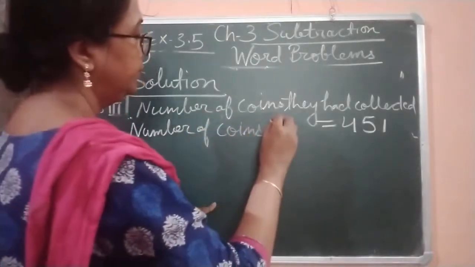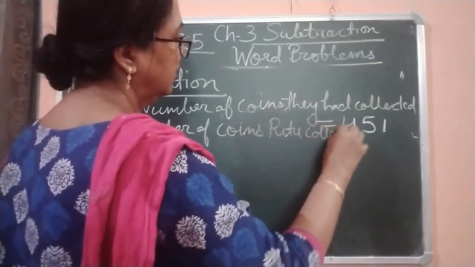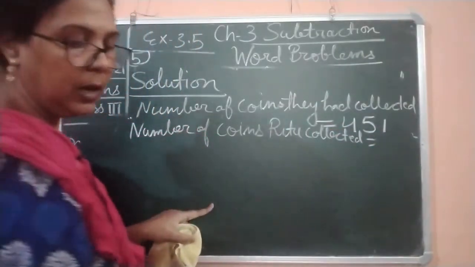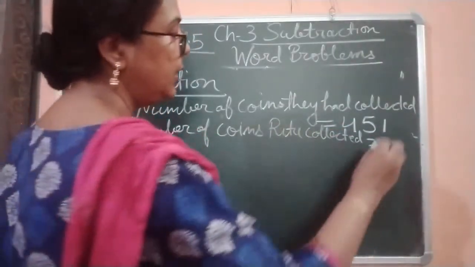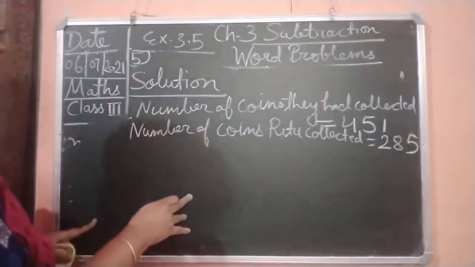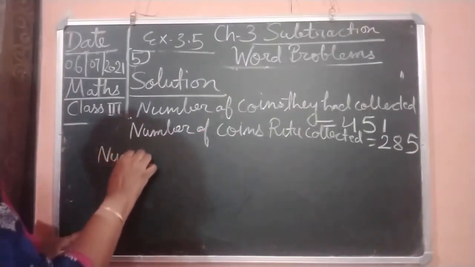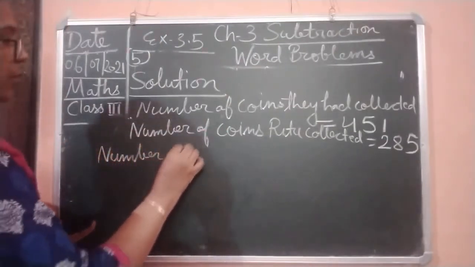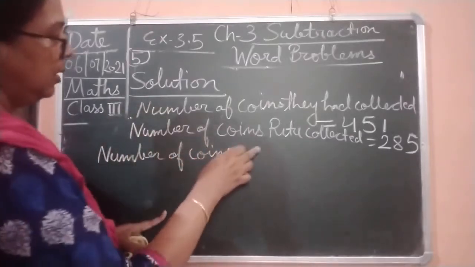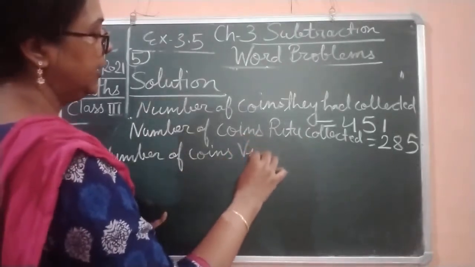Now here again we will write number of coins Ritu collected. So here you can see how many coins are there? 285. Now number of coins Vicky collected.